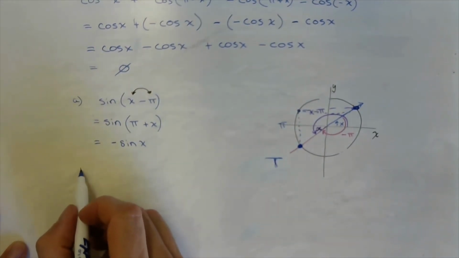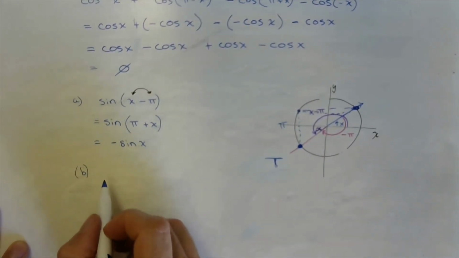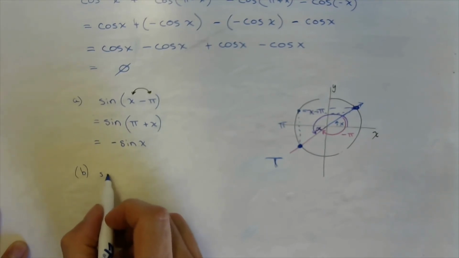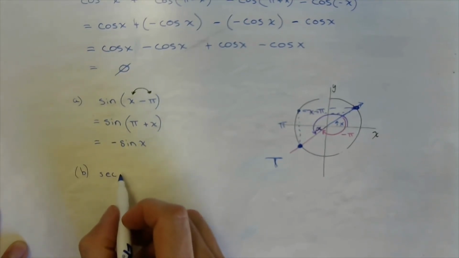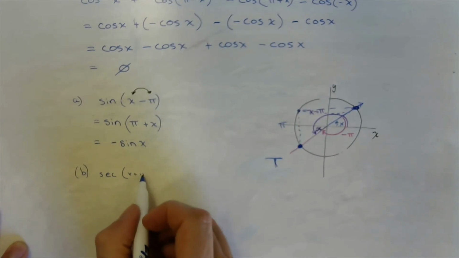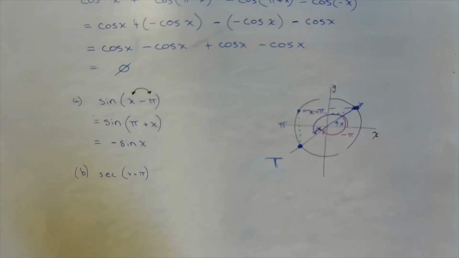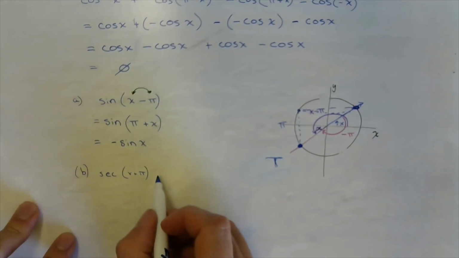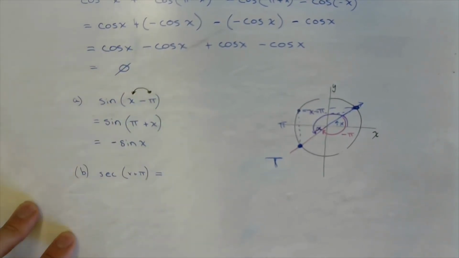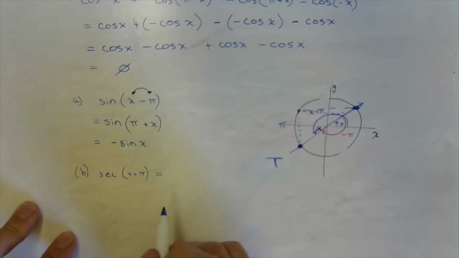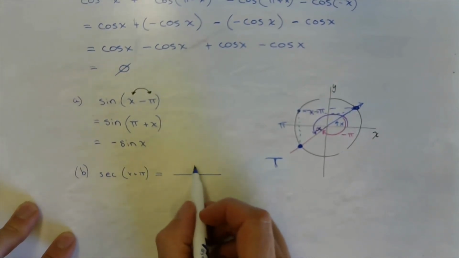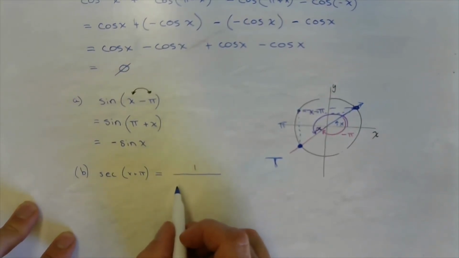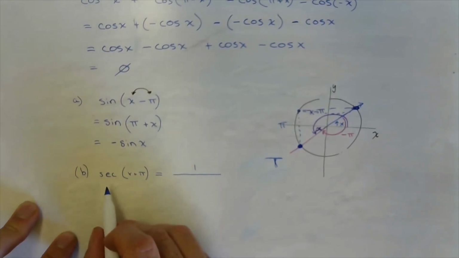Good. B uses a secondary trig ratio, so there's a couple more steps here. We have the secant of x plus pi. The first thing that you're going to do whenever you encounter a secondary trig ratio in any of these types of math problems is flip it to its reciprocal and express it as 1 over, what's the reciprocal of secant?